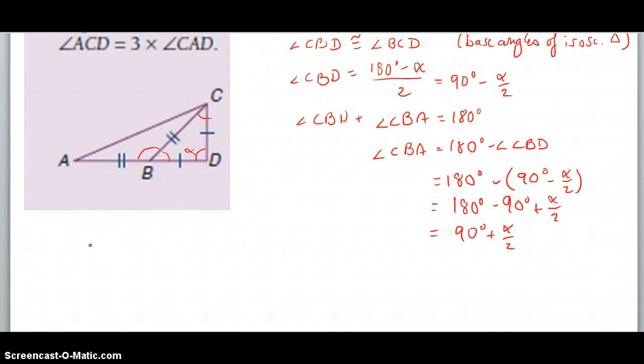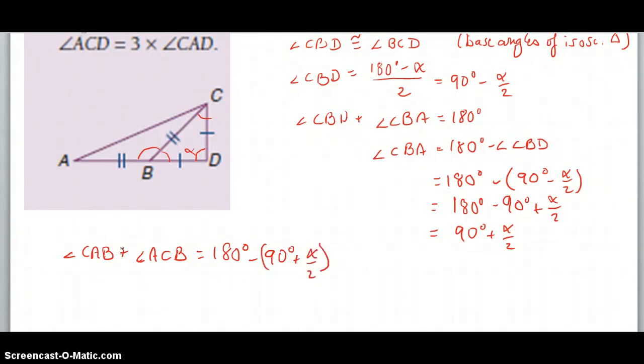So I can say that angle CAB plus angle ACB, those are these two base angles here, are the same as 180 degrees minus that angle, which I've calculated here, 90 degrees plus alpha halves.